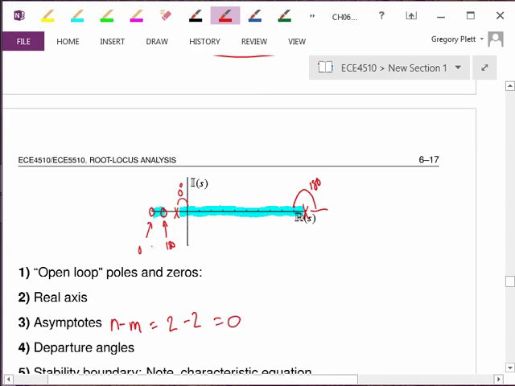So far, that really hasn't helped make the root locus a little bit more clear. We know we're not done because the poles have to somehow end up at the zeros, and we don't have a path for them to do so yet.